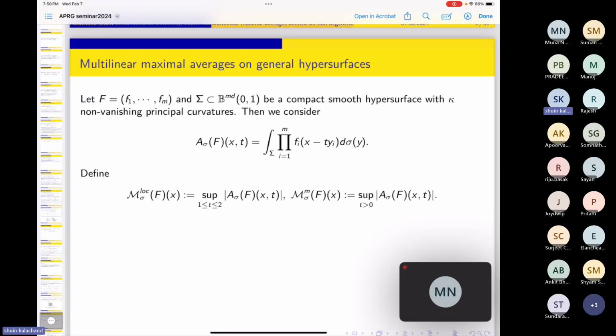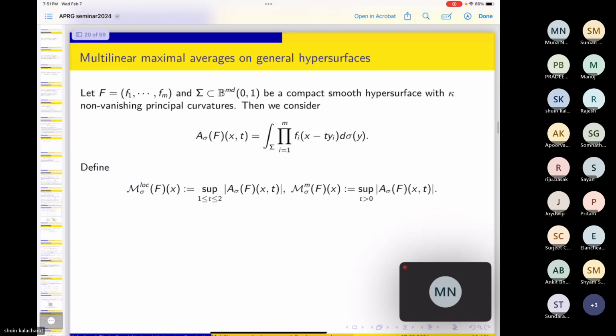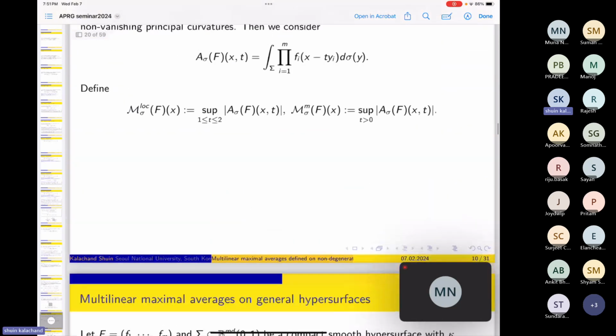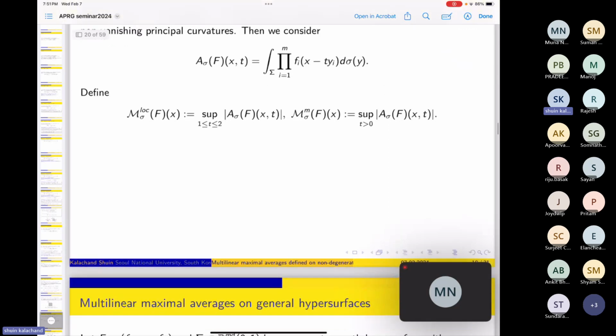Then we consider this multilinear average, where d sigma is the normalized surface measure on sigma. We consider both the local maximal function, where we take the supremum over the compact interval [1, 2], and the full maximal function, where we take the supremum over all positive real numbers. Now we want to study the L^p boundedness of these operators, especially the boundedness of the global maximal function.